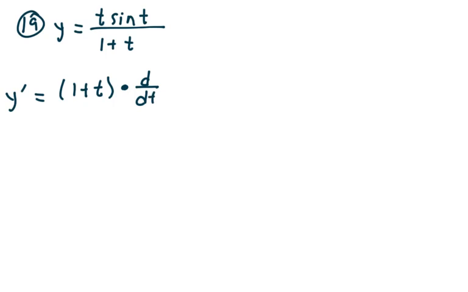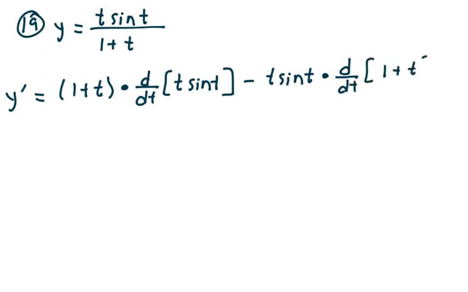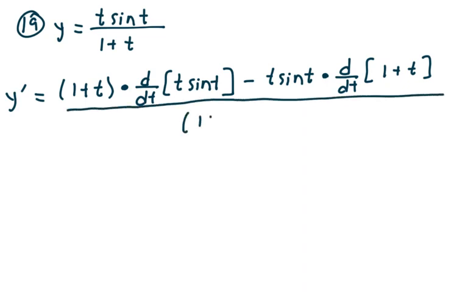I'm going to take the derivative of the top function with respect to t. So in other words, I'm going to take the derivative of t sine t with respect to t minus t sine t times the derivative with respect to t of 1 plus t, okay? And I'm going to divide by 1 plus t to the second.